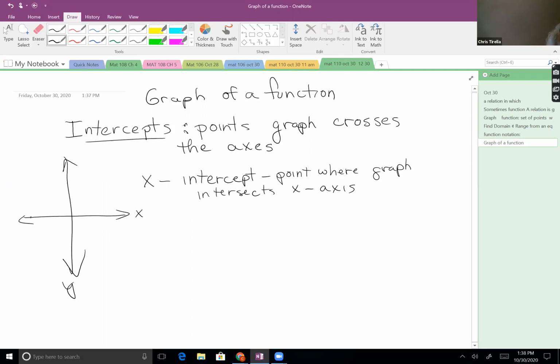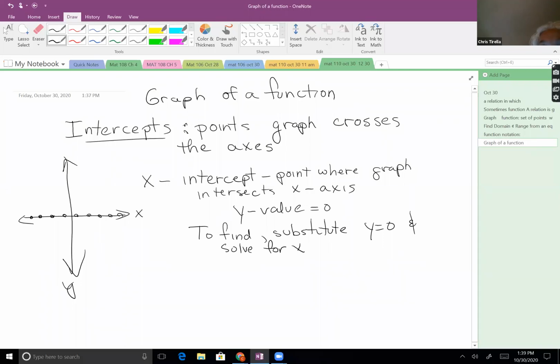The x-intercept, by its nature, has to be a point on the x-axis. And if I look at all of the points on the x-axis, what they all have in common is they have a y value of 0. So to find it, what we're going to do is substitute y equals 0 and solve for x. And we'll get a point with a y value of 0.